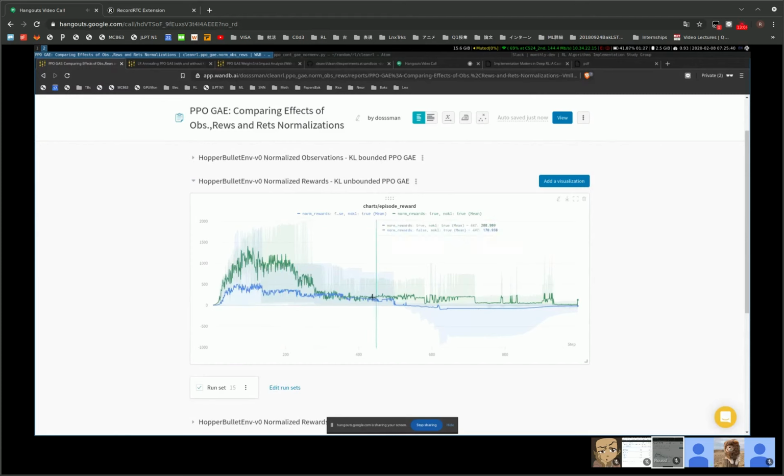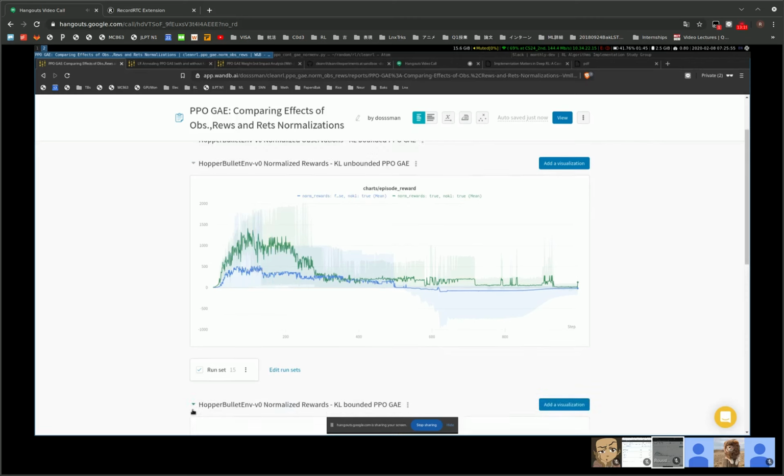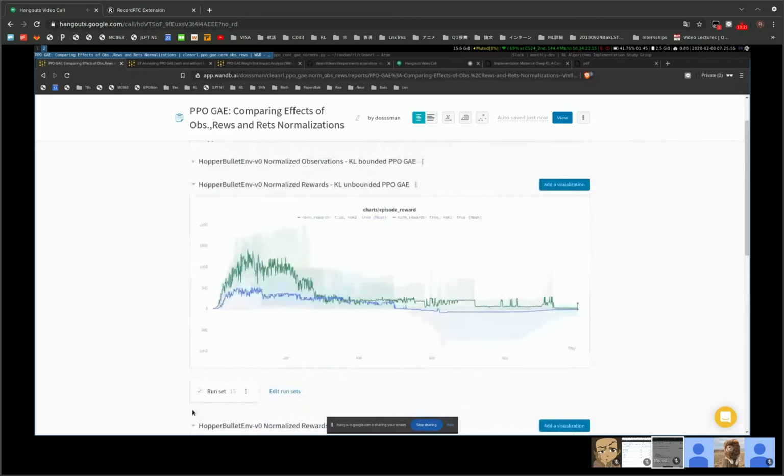Here with just normalized observation, we already have a boost of performance, even in the case of unbounded KL. It's also the same for the KL bounded, although the KL bounded has a higher performance than the unbounded.